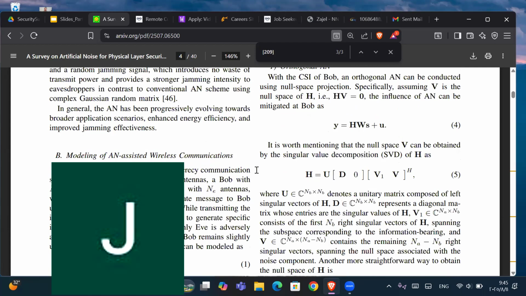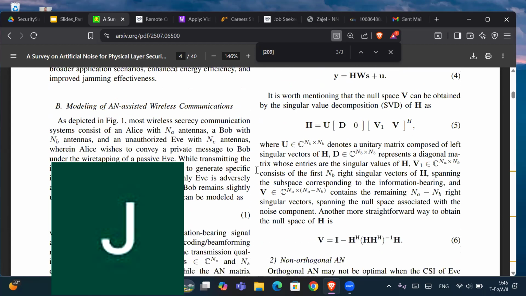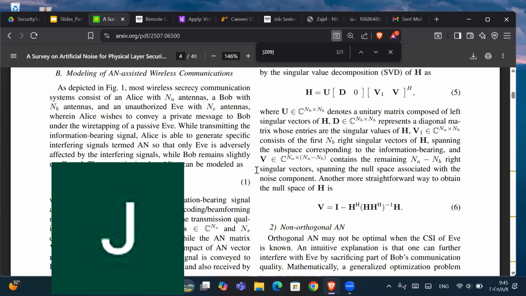We need to explain it directly from this recent research paper on the use of artificial noise for providing physical layer security. Here it says that most wireless secrecy communication systems consist of an Alice with NA antennas. NA means the number of antennas at Alice. So if Alice has 4 antennas, then NA is equal to 4.